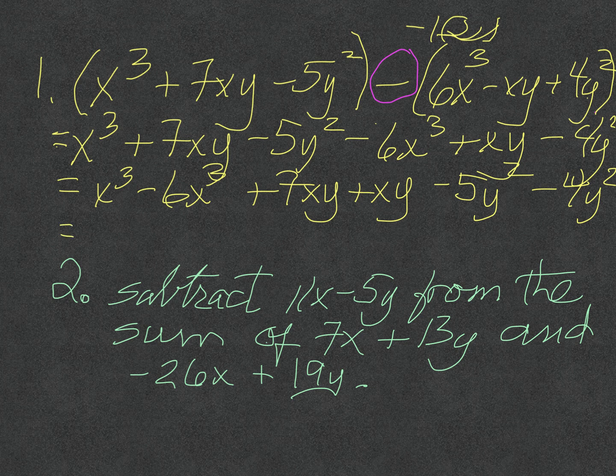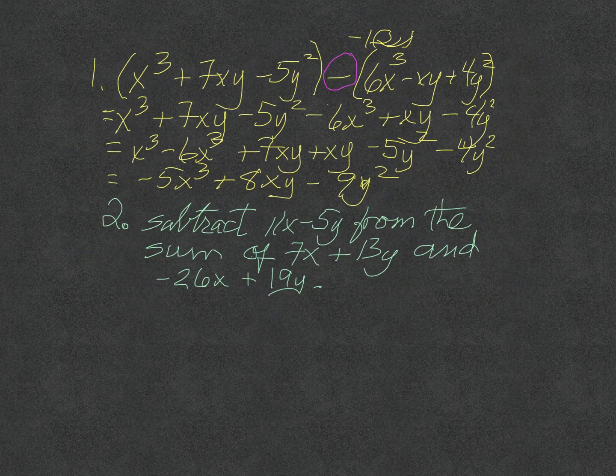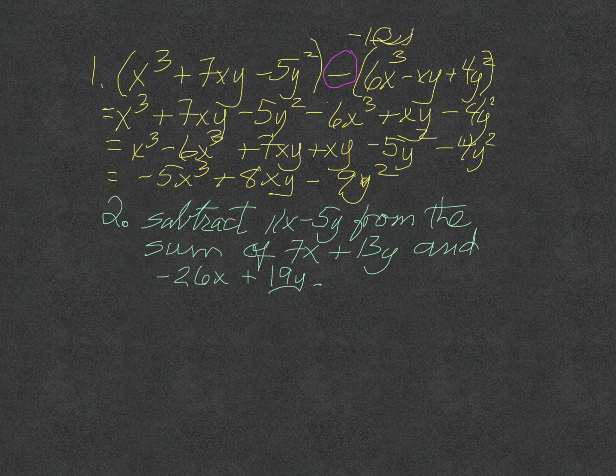I have 1 minus 6 is negative 5x cubed. 7xy plus 1xy is plus 8xy. And minus 5 minus 4y squared is minus 9y squared. And so there's my like terms collected. The next problem, I would want to write that one out, okay?